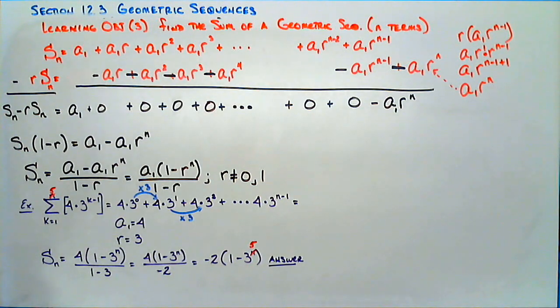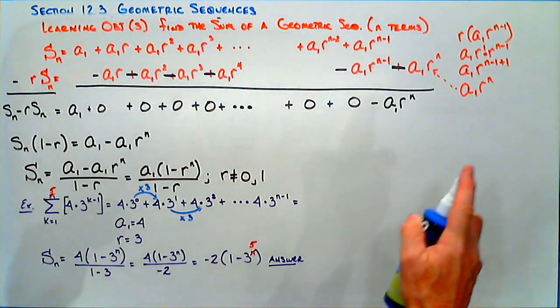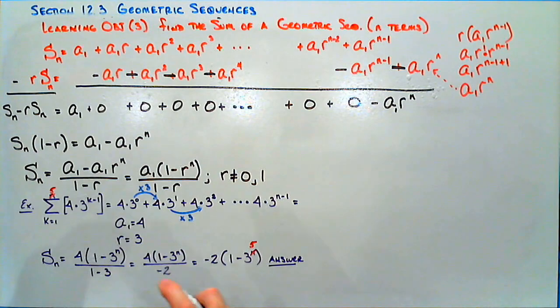All right? So that's our learning objective number 3. We want to find the sum of a geometric sequence, but we only want to do that for a finite sum, in terms of n. All this work about to disappear.